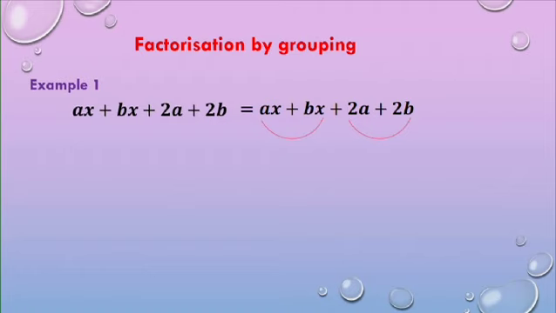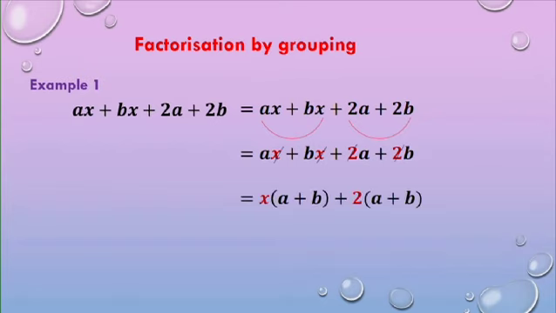In the first group, where we have ax plus bx, the letter x is common. And in the second group, 2a plus 2b, the number 2 is common. So we're going to factorize in 2 parts. In the first part, we are going to take x outside the brackets. And in the second part, we are going to take 2 outside the brackets. So we have x into a plus b plus 2 into a plus b.